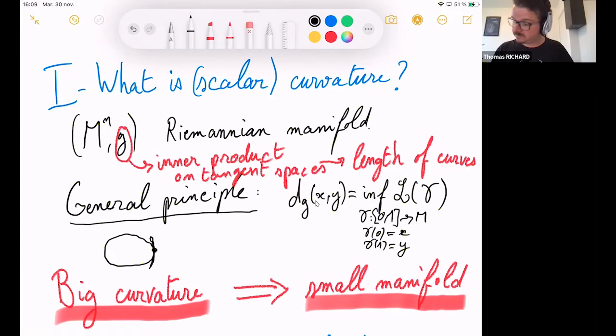So first, there is a kind of curvature called the Ricci curvature, which is a very famous object.